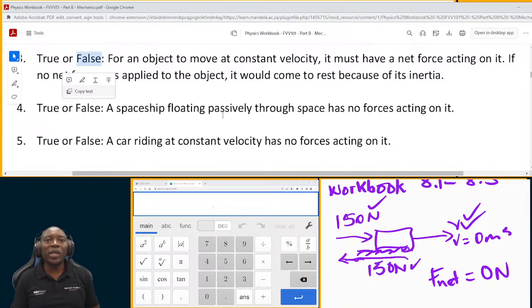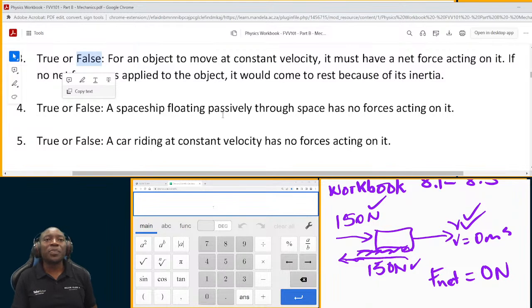Space is usually considered close to a vacuum, right? Which means there is no friction there, no air friction, or air resistance. Then if it's not accelerating either, there's no net force. So ultimately, that spaceship should just continue at whatever velocity it has without any net force, or without any force opposing its motion. So that is very possible.